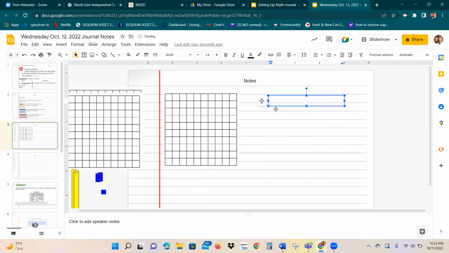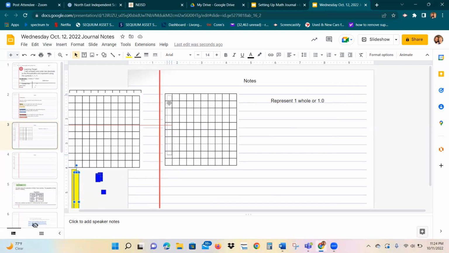And this is going to represent one whole, or 1.0. So what would I do then to represent one whole?